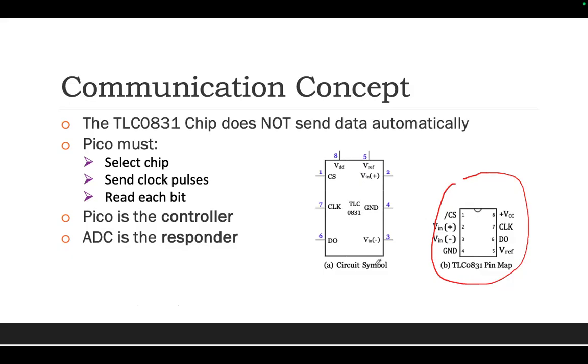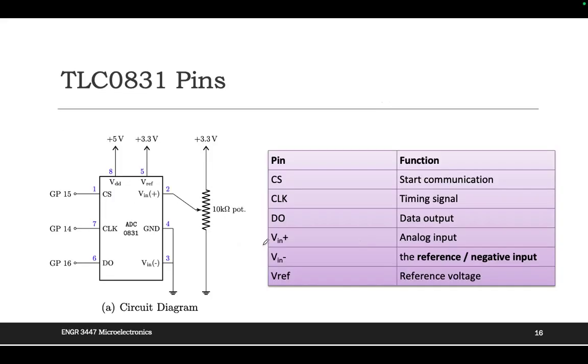If there is a VCC and ground, what does that mean? The chip needs power, which means it is an active component. It needs power to run, so here you need to give this power. This is 5 volts. And this one is a reference, which means the maximum voltage you read.